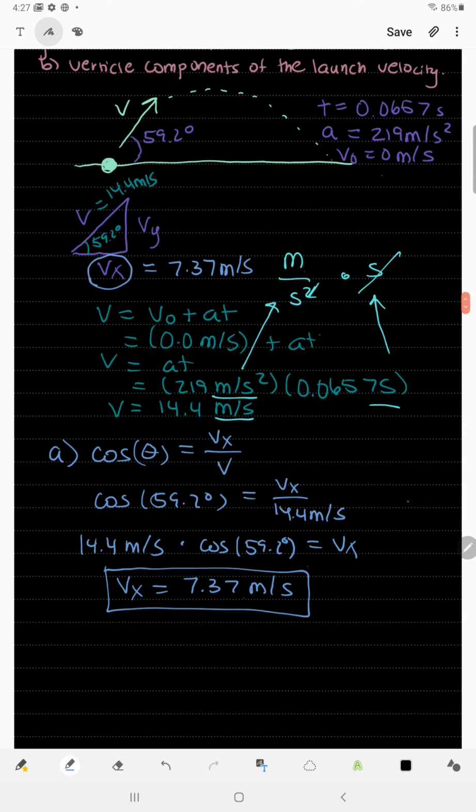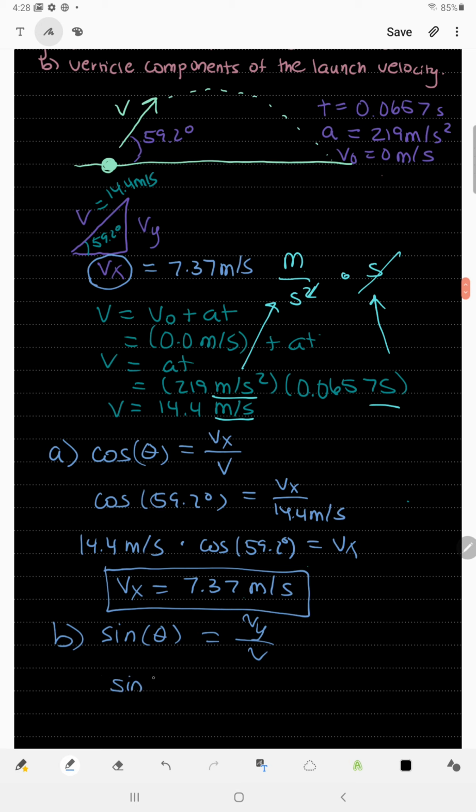So now we know the adjacent side, we know the angle, and we know the hypotenuse. The last part of this problem is asking for the vertical component. I can use tangent, because tangent is opposite over adjacent with an angle. Or I could use sine, which relates the angle, the opposite, and the hypotenuse. In this case, I'm just going to choose to use sine. So sine is going to be the opposite, Vy, over the hypotenuse, or V. Same thing as last time. Oops, not cosine, sine.